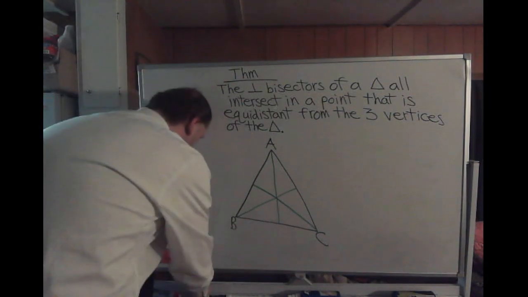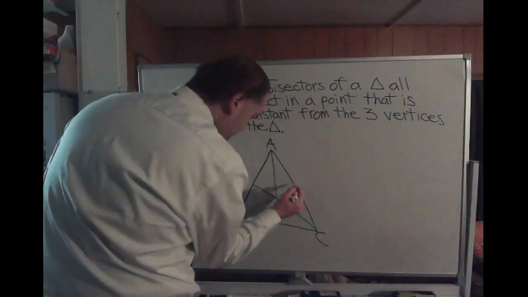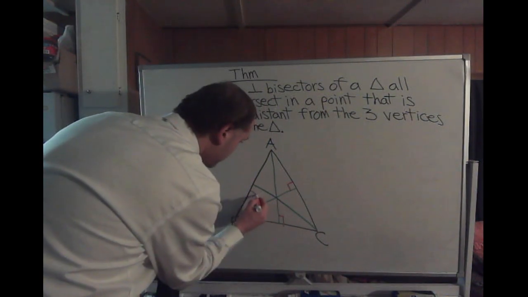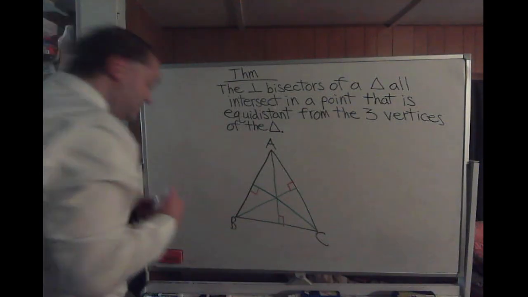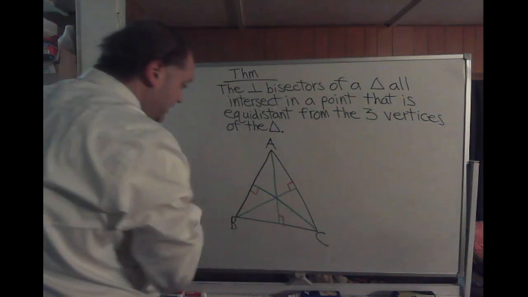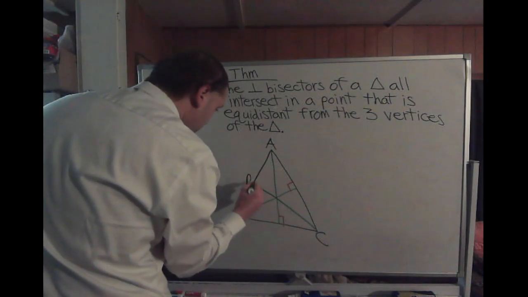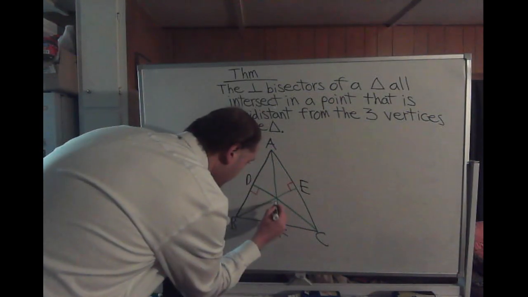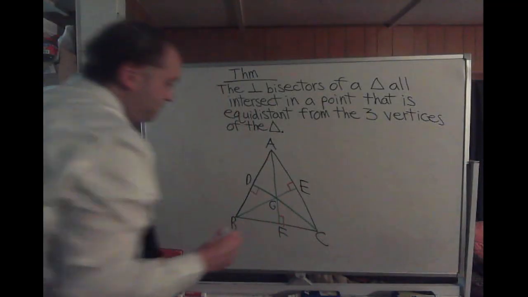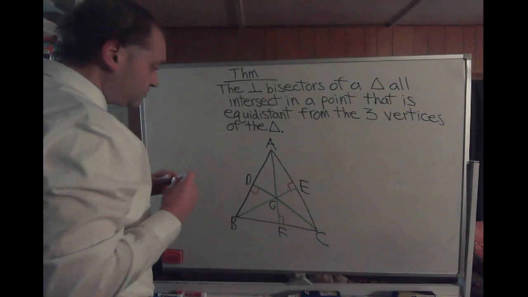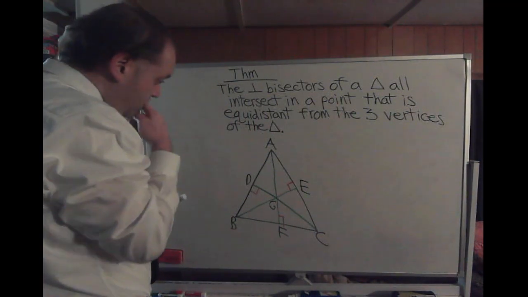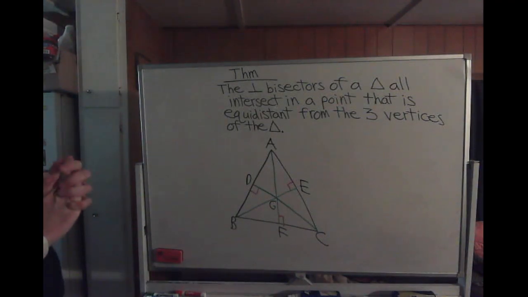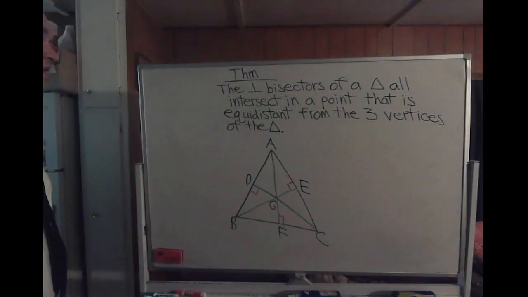In just a minute, we're going to talk about what a perpendicular bisector actually is. But first, let's label some points here: D, E, F, and the point where they meet is G. Probably not the best illustration again, but you'll get the idea.